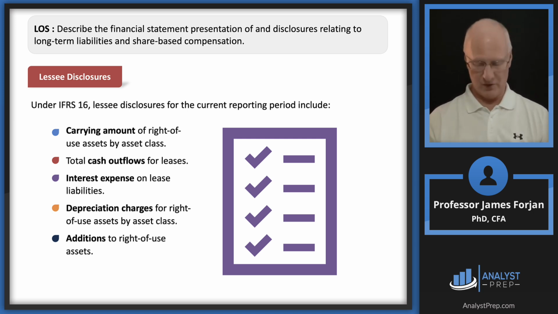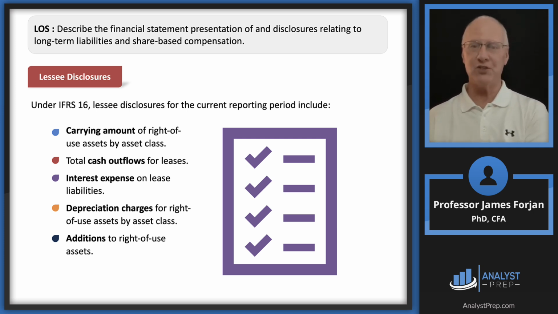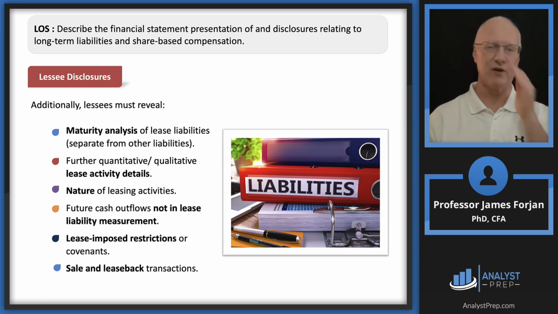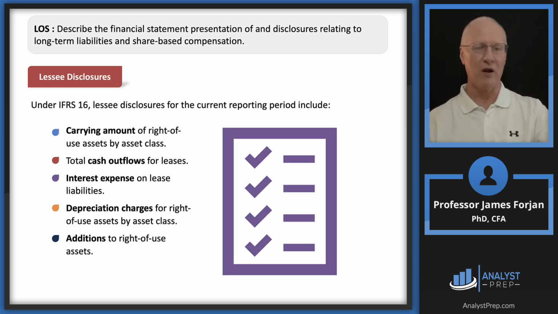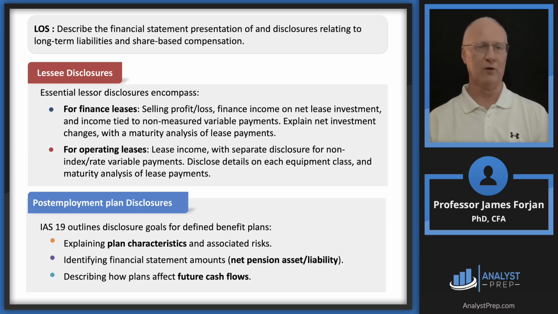So my advice is to, hey, just disclose everything that is material and that you think that shareholders would want to know. Things like back with the lease, the carrying amount, interest expense, depreciation, maturity, lease activities, lease imposed restrictions, sale and lease back, all that kind of stuff that we talked about. So here are, what is this, about 10 or 11 or 12 kinds of issues that probably should be disclosed.